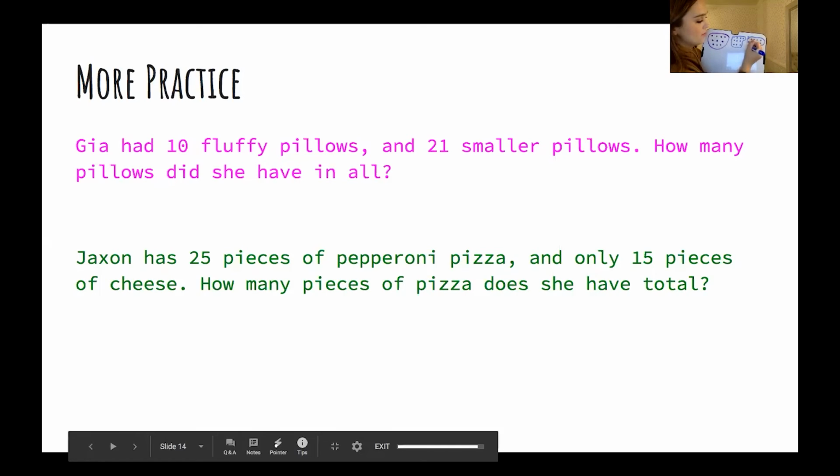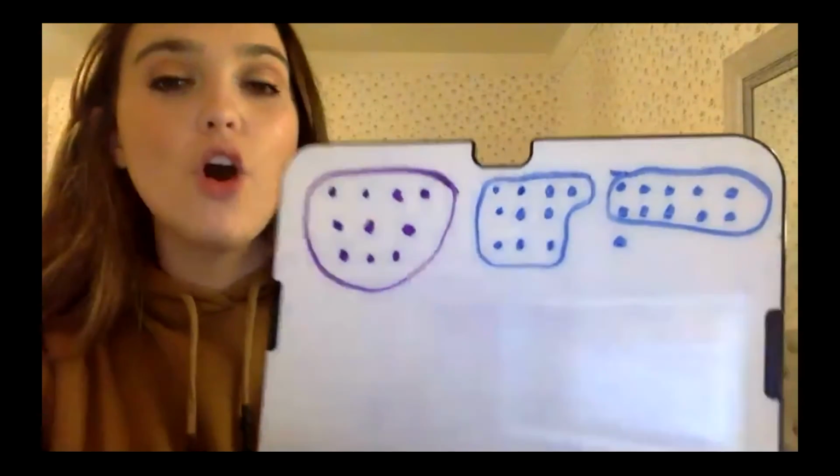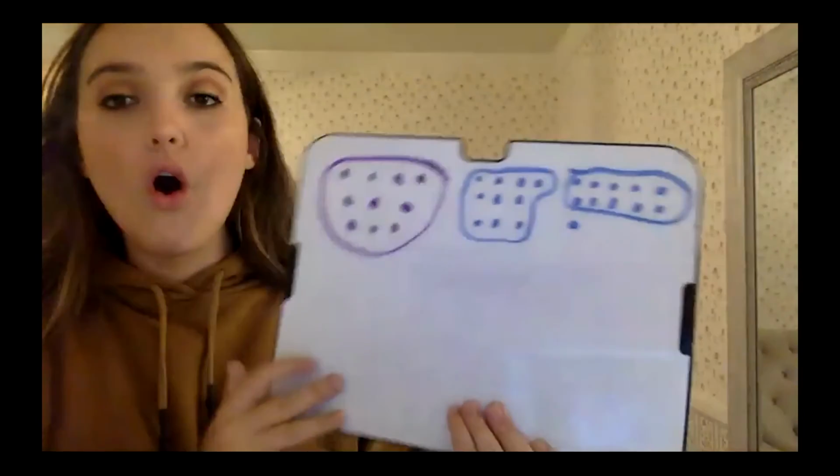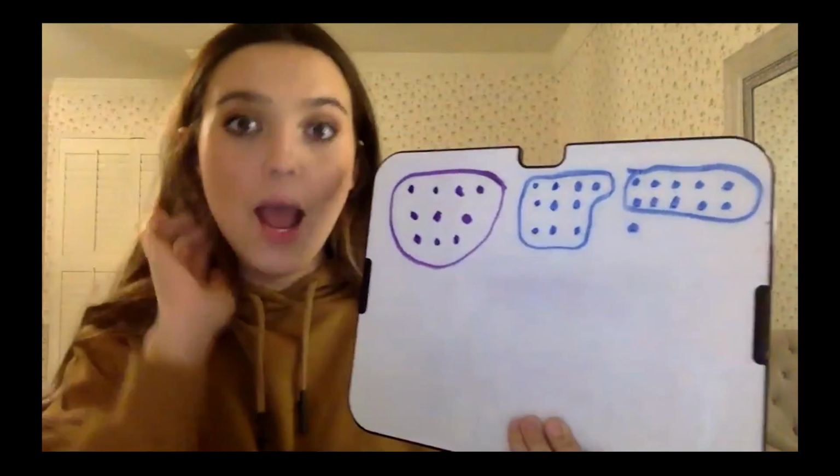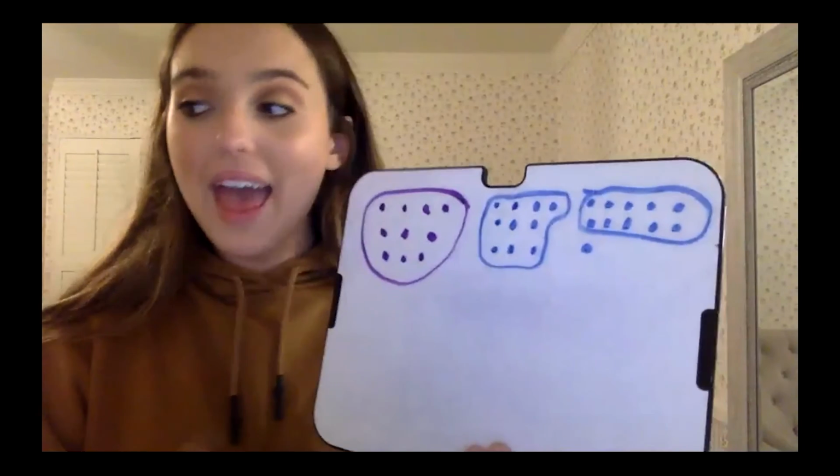And 21. Okay, so we already circled our groups of 10 while we were counting, which was really helpful and a great shortcut to take if you feel that you are ready to do so. So the question is asking, how many pillows does she have in all? Well, we have already grouped these together by 10, but before we solve it, let's go ahead and write out our number sentence.